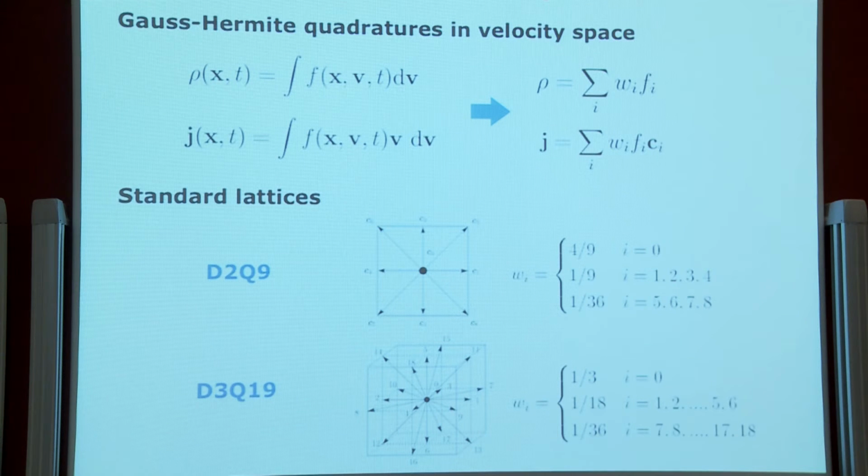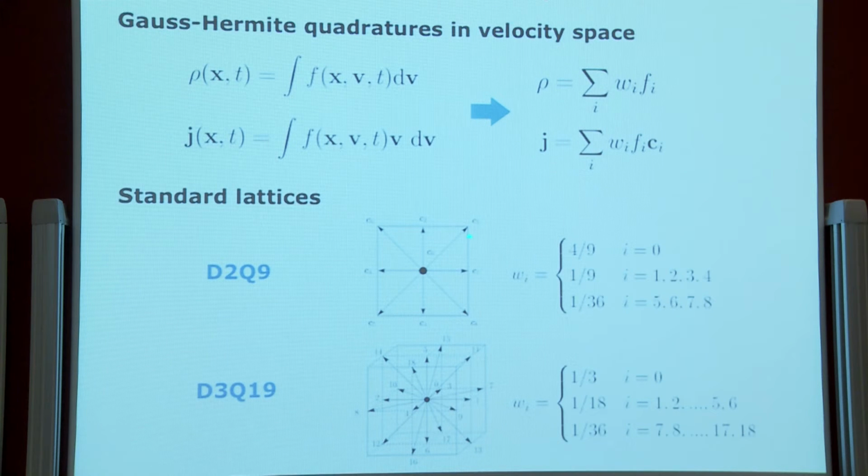They satisfy a number of properties. This is why you have not so much flexibility for the design of these lattices. If you want to satisfy that your algorithm in the end satisfies some important properties such as isotropy and Galilean invariance, you need to satisfy a set of rules for these lattices.